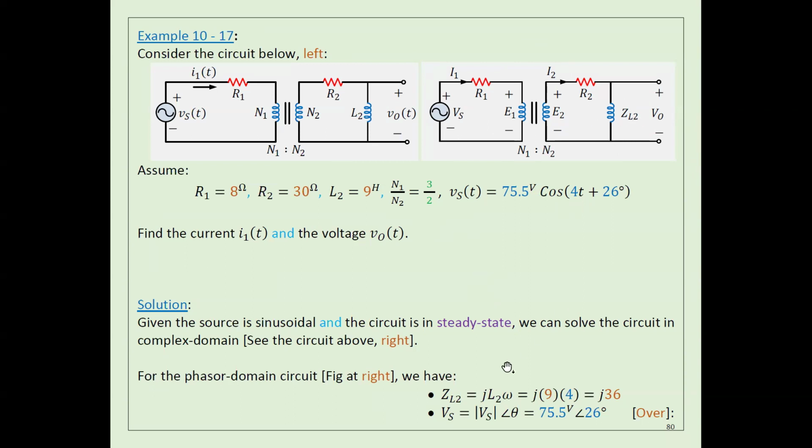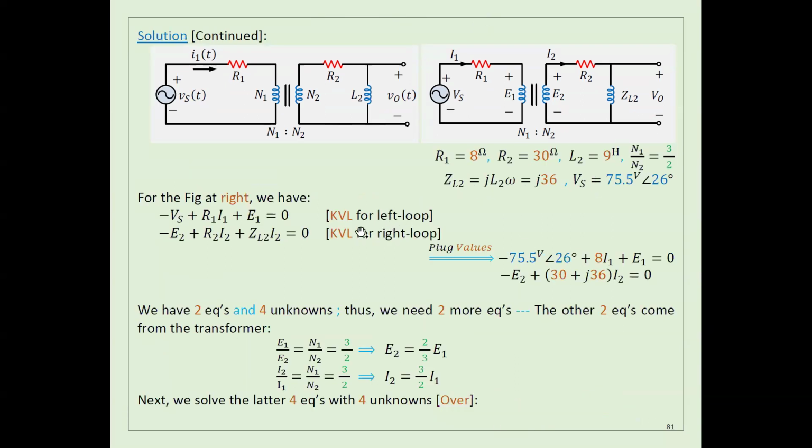This impedance is j omega L2. Also, this voltage you have to convert from the time domain to the complex domain, as I said. I told you we already have two relations between E1 and E2, and I1 and I2.